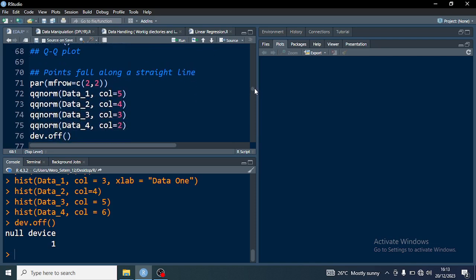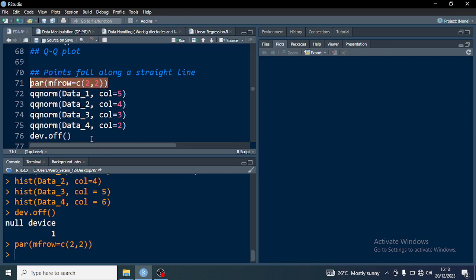You can as well use the QQ plot. I'm still using the par(mfrow). I run this, and if you want to create the QQ plot, you use qqnorm. Now, if the points fall along a straight line, the data set is normally distributed.